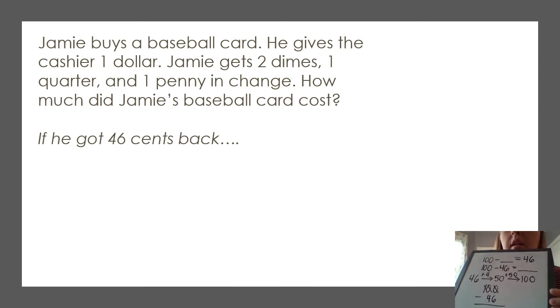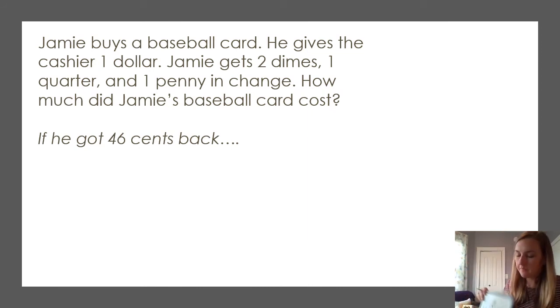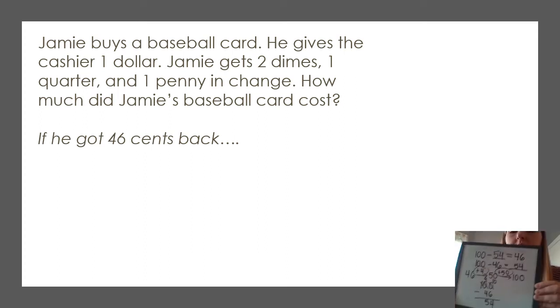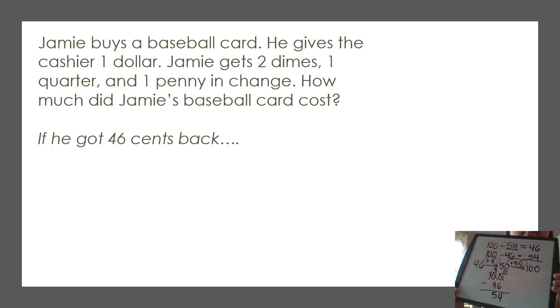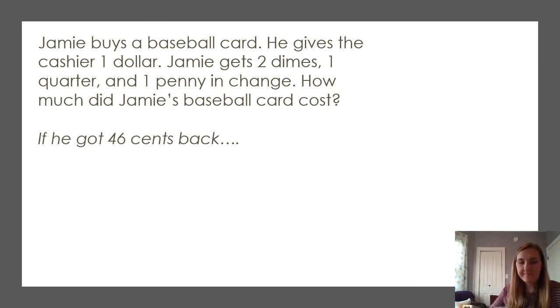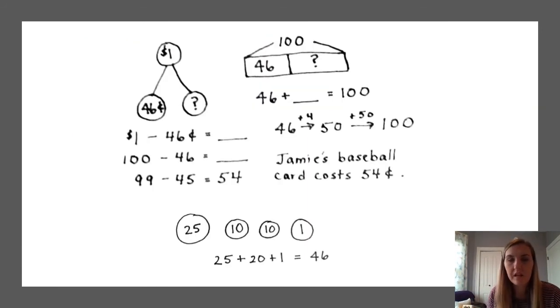Can you say that with me? 100 is the same as 9 tens, 10 ones. All right, here's what we have for how much Jamie's baseball card cost. His baseball card cost 54 cents. Pause the slide here to check over your work.